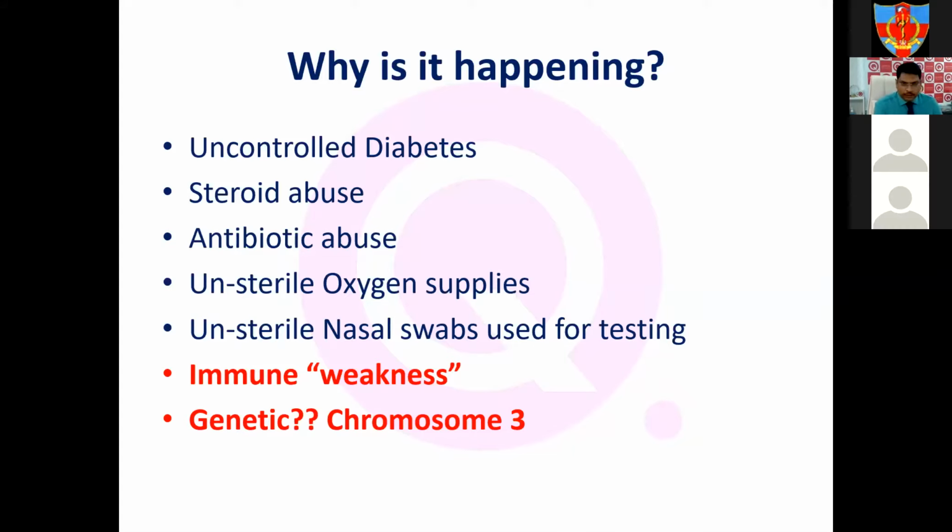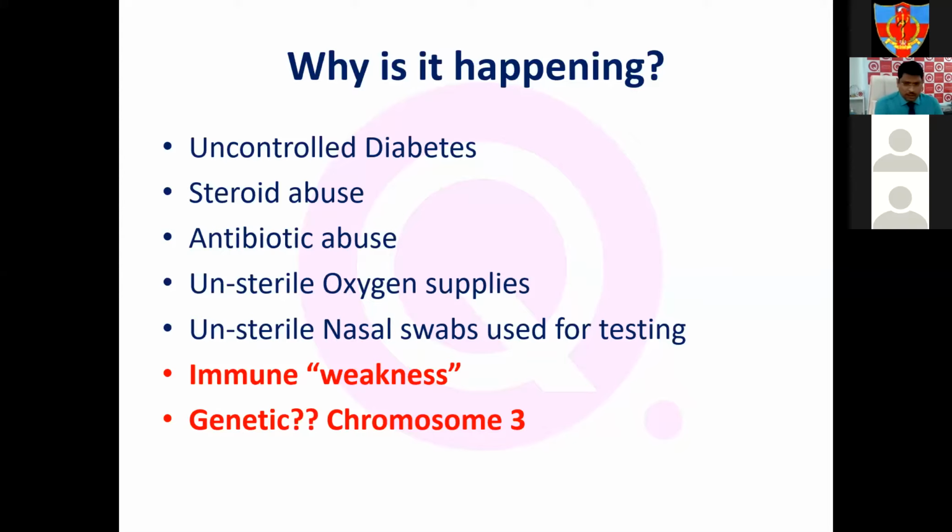All those were hypotheses put forward to explain the sudden outbreak of these fungal infections in India. And there was a recent report that it probably comes from the nasal swabs we use in doing COVID RT-PCR testing.